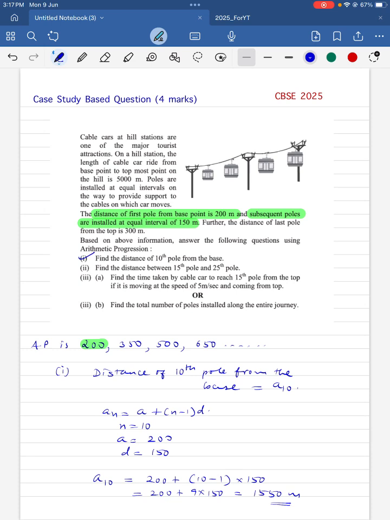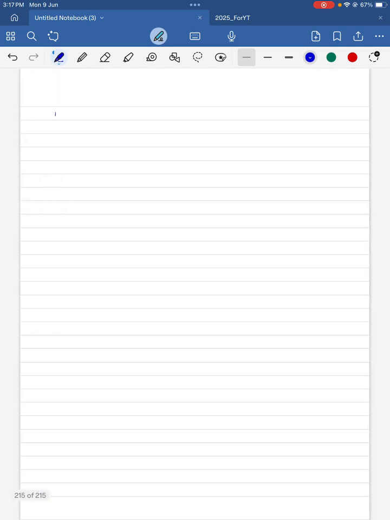Now, in the second part, they have asked you to find the distance between the 15th pole and the 25th pole. In order to find the distance between the 15th pole and the 25th pole, we need to subtract the 15th term from the 25th term. So let's try and solve this one.